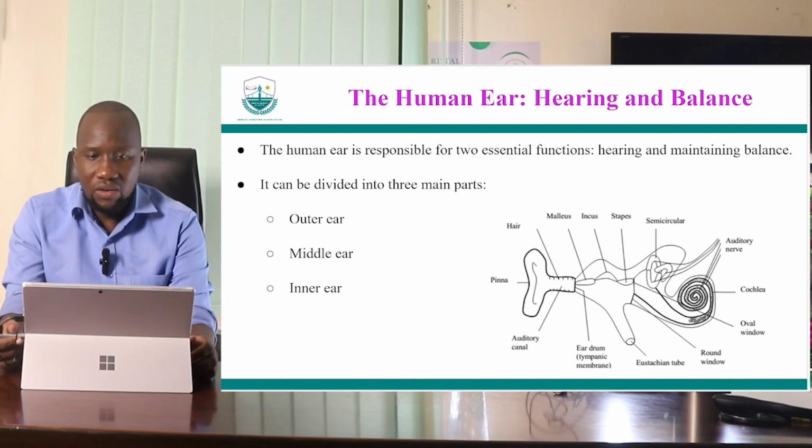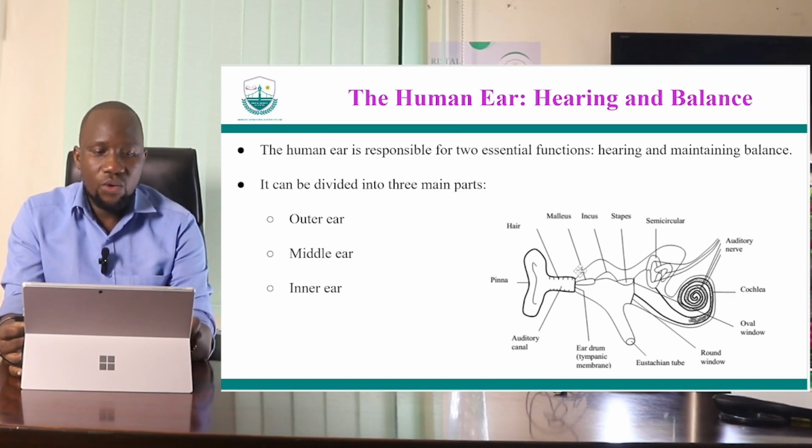So in our diagram here, you see the pinna, which we can call the auricle. That is one part of the outer ear. And then we see the auditory canal, which is the tube, okay, and it has some hair and some glands that produce wax, okay, and then the eardrum.